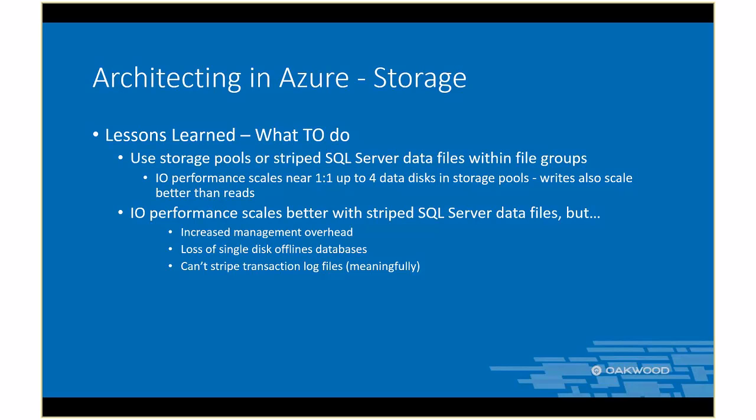And then also stripe data files. If you were to just attach 16 disks and make file groups, stripe your data files over, and put one data file on each disk, that actually is the best performance option. So you will receive the best scaling out of that option. However, it is also the most difficult to manage, and loss of a single disk will offline your databases.